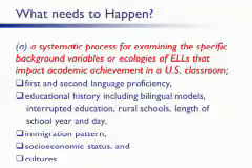First of all, we need to have a systematic process for examining the specific background variables or ecologies of ELLs that impact academic achievement in a U.S. classroom. What that means is that we need to have a process in place. We need to have procedures in place, and not just procedures that change from one year to the other or that only one teacher knows about, but something in writing.